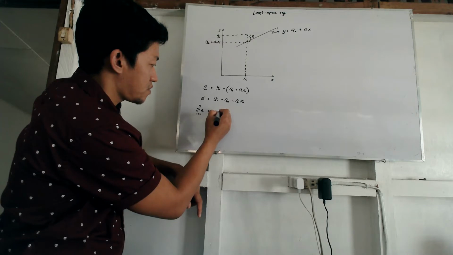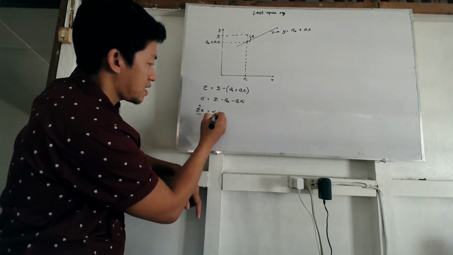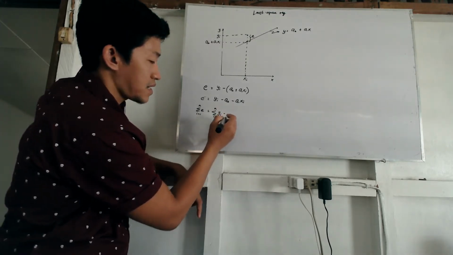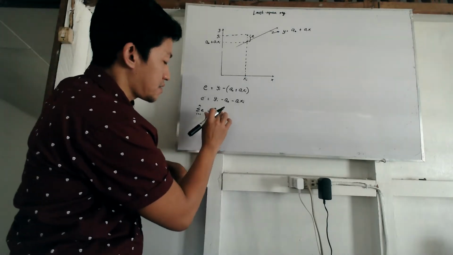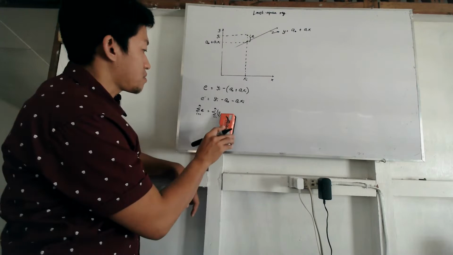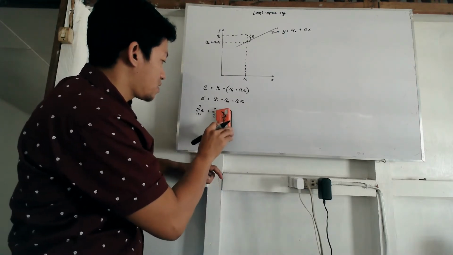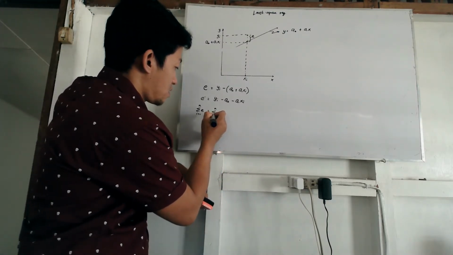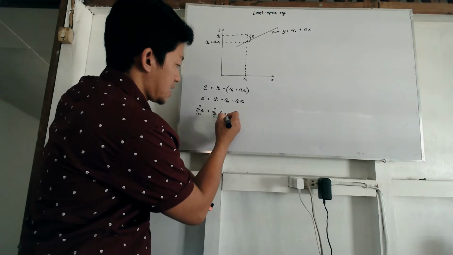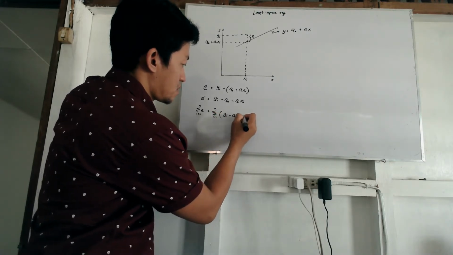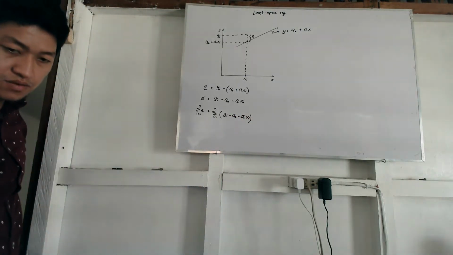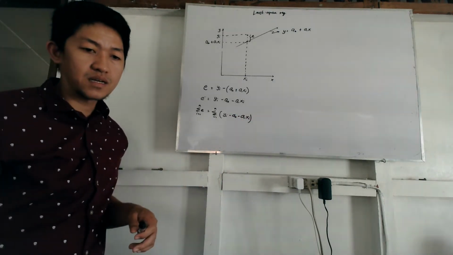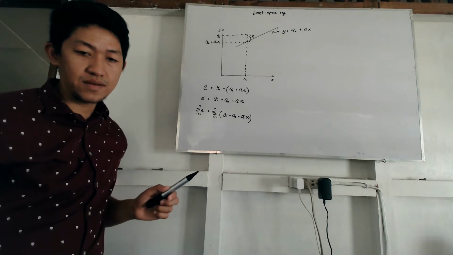Summation of y sub I minus AO minus A1 xi. Okay, muna total error nato.